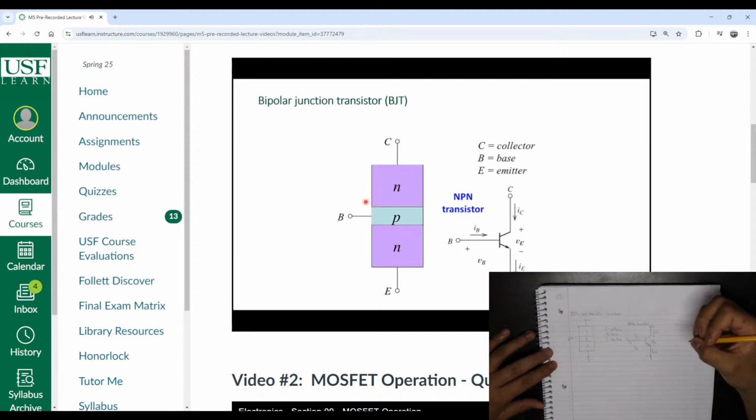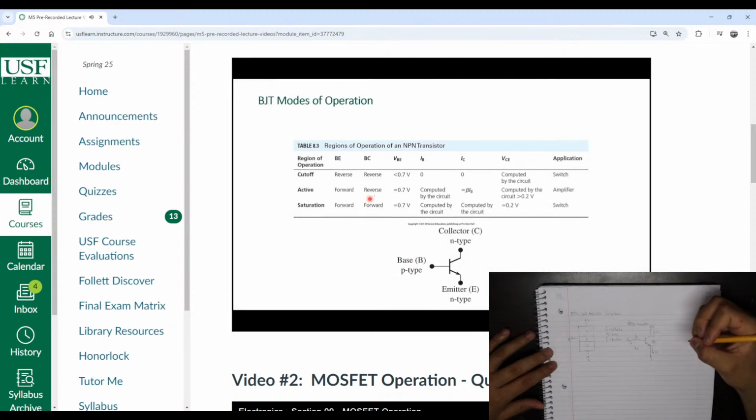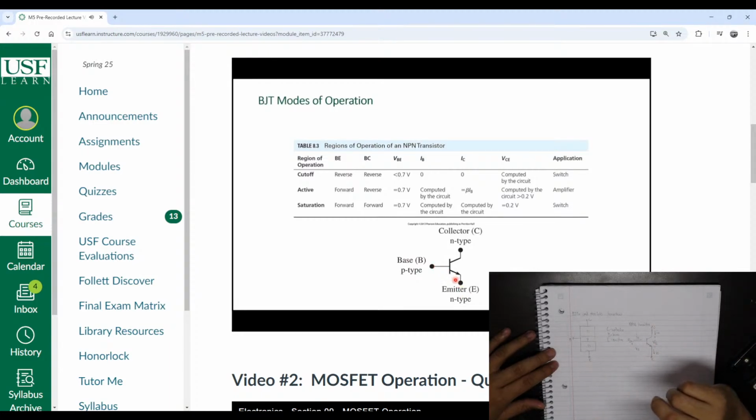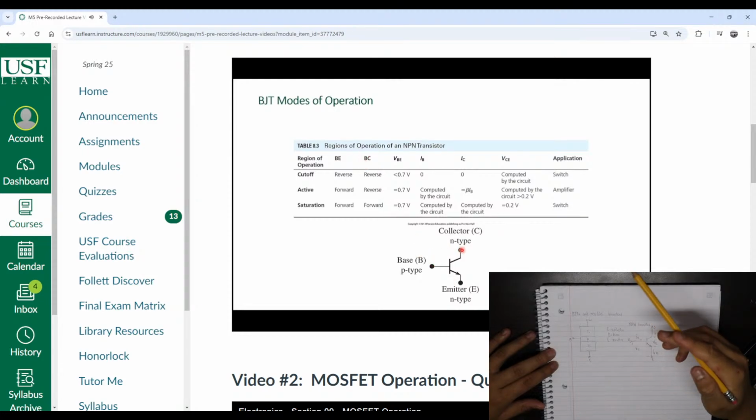So there's 2 junctions. So the operation of the BJT depends on how the base to emitter junction, in other words the junction between the base and the emitter down here, and the base to collector junction, the junction between the base and the collector, are biased.